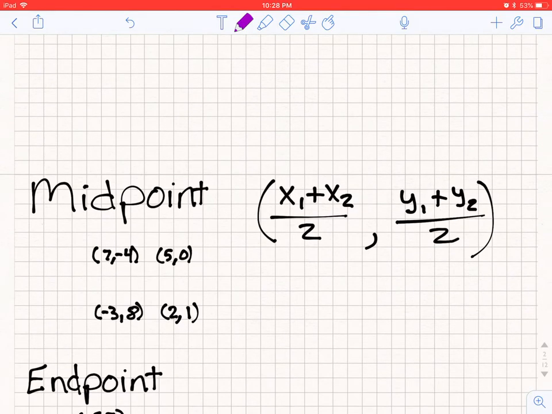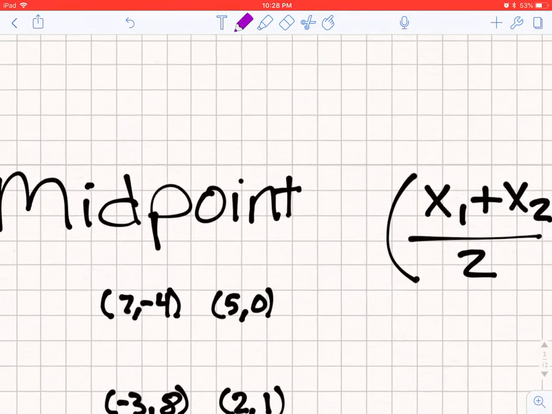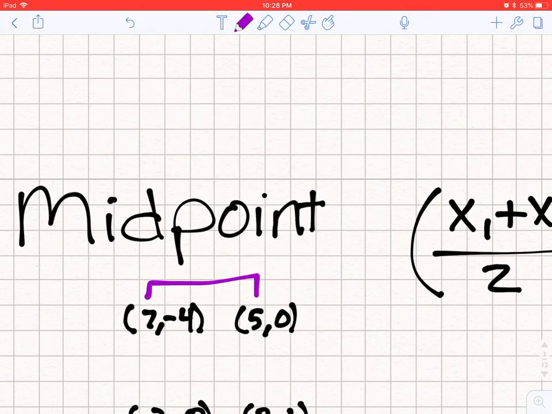Midpoint, basically, is like all of a sudden we stop subtracting. Midpoint is realistically you are averaging, right? You find the middle, you're finding the average of the two values at a time. So if I was doing this first one, I'm going to average the x's. It means I'm going to add them up and divide by 2. 7 plus 5 is 12, divide by 2, which is really 6.